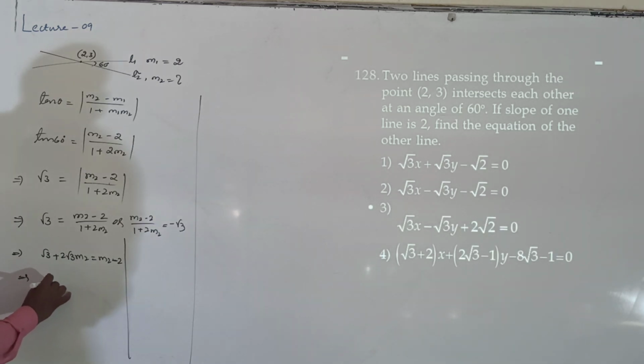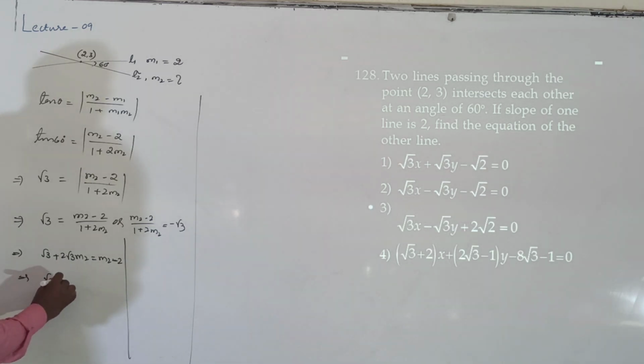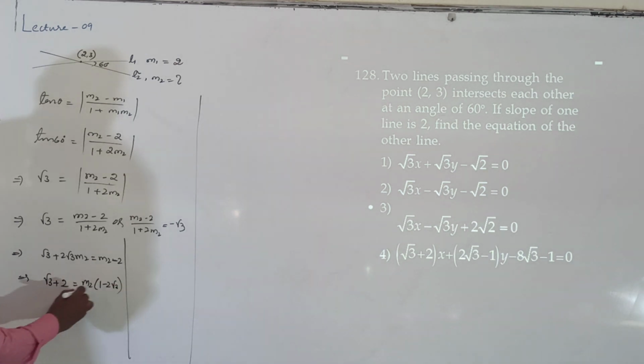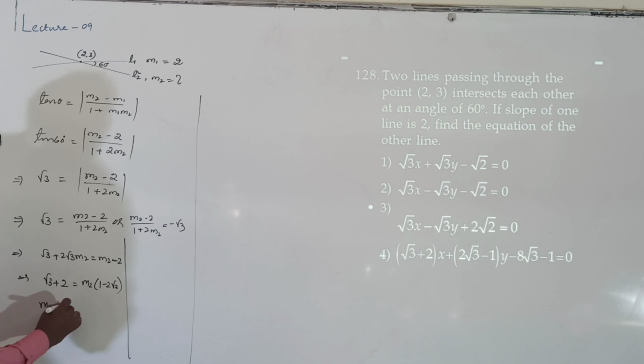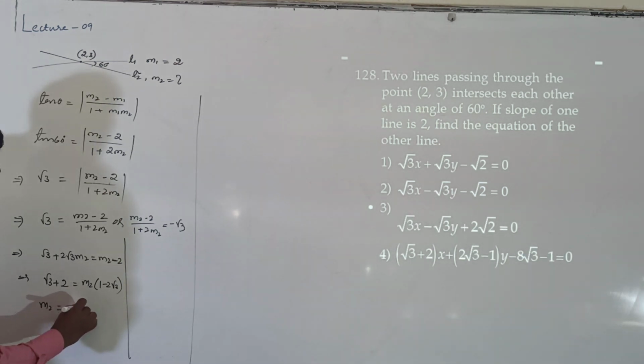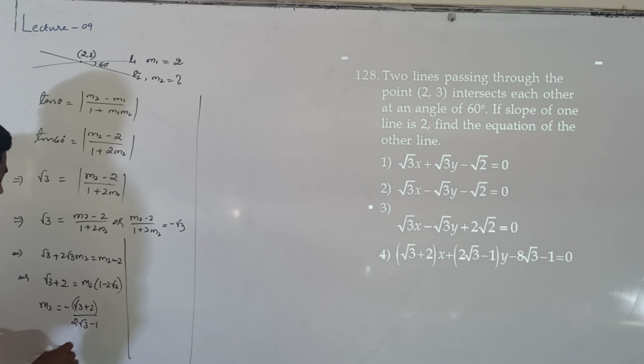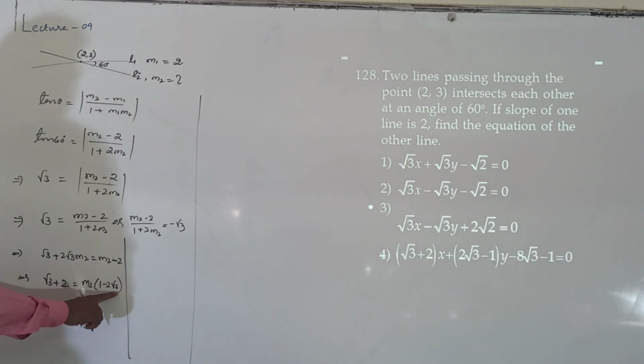Then it will be root 3 plus 2 is equal to m2 into 1 minus 2 root 3, that's equal to m2 is equal to minus root 3 plus 2 divided by 2 root 3 minus 1. Here 1 minus 2 root 3 is there, I will write minus of 2 root 3 minus 1.